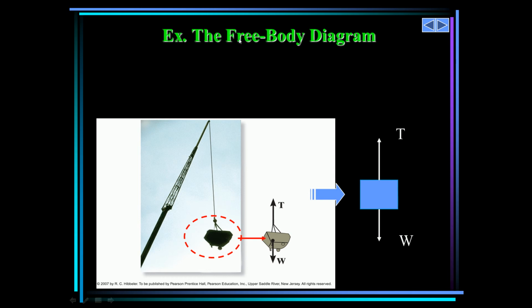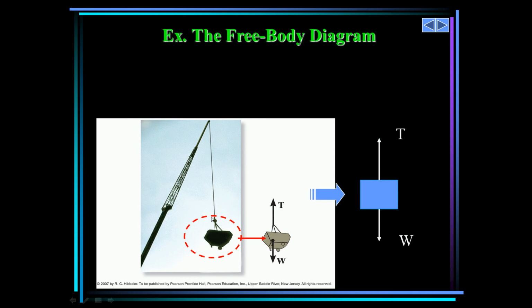For example, the free body diagram is shown here. There is an object. When we draw it, we isolate it from the surroundings, as shown on the right hand side. The object will have two external forces. One is the body weight, which goes down toward the ground, W equals mg.